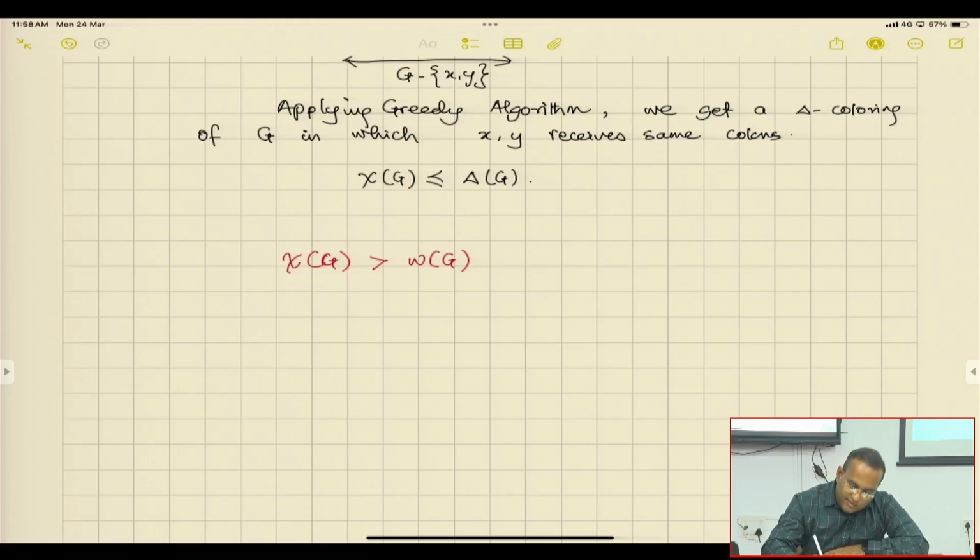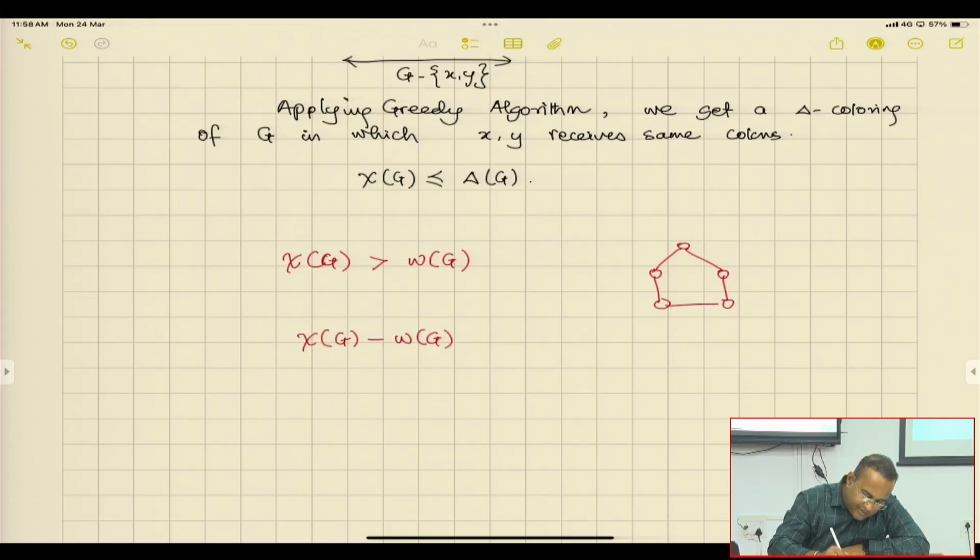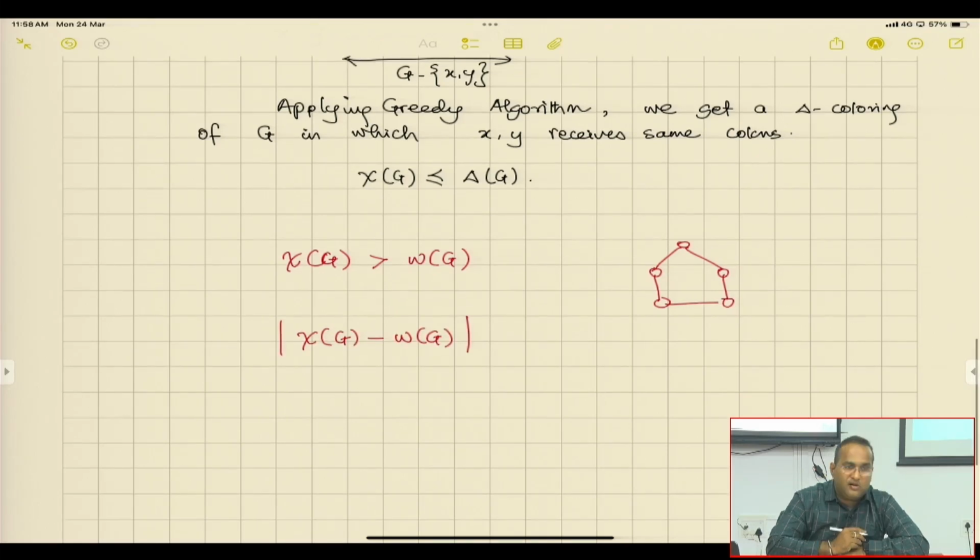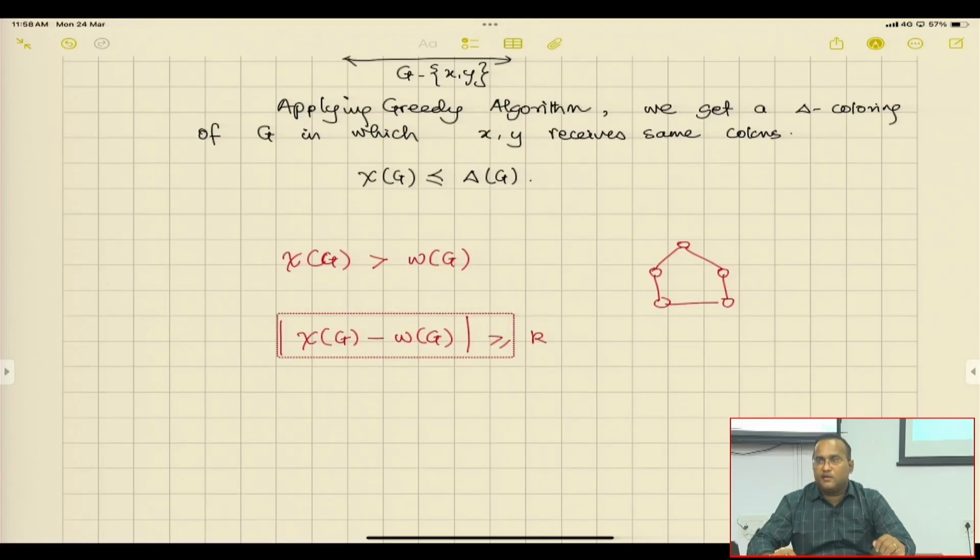So one example is the C5, right? What about other examples? How large can chi G minus omega G be? Can we say that it is greater than K, where K is a large number, right?